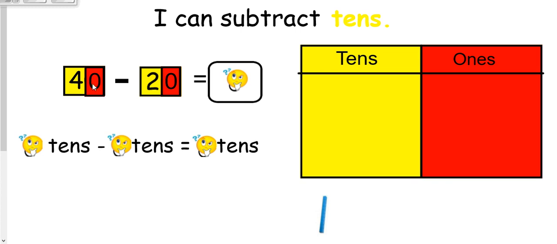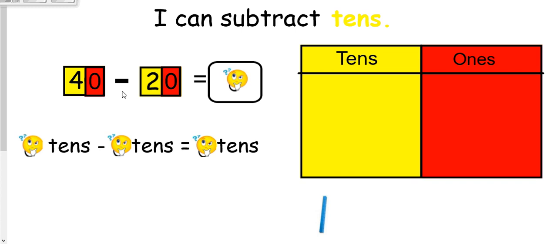It says 40 minus 20 equals unknown number. Now we know the first thing we like to do is double check to see if it's a plus or a minus sign. What sign is this? A minus sign.